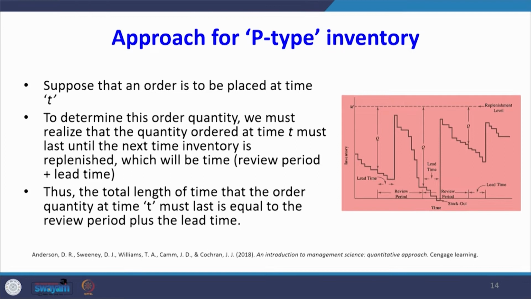So, what I mean here is that once we make the order, that order will satisfy the requirement during the review period and at the same time the lead time period. Thus, the total length of time that the order quantity at time t must last is equal to the review period plus lead time. So, once we make the order, that would satisfy the demand of the review period and the lead time.